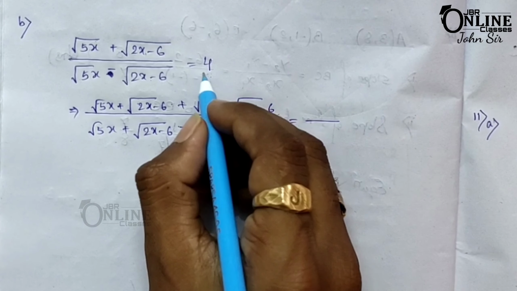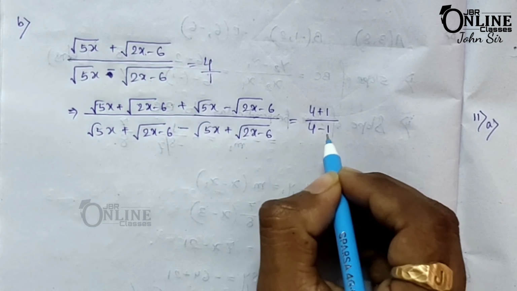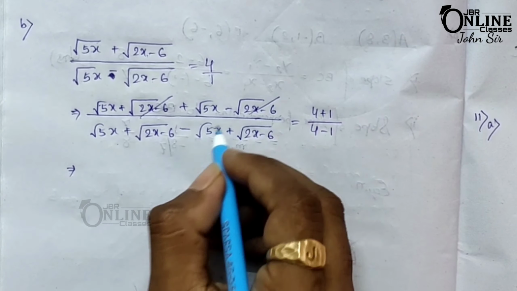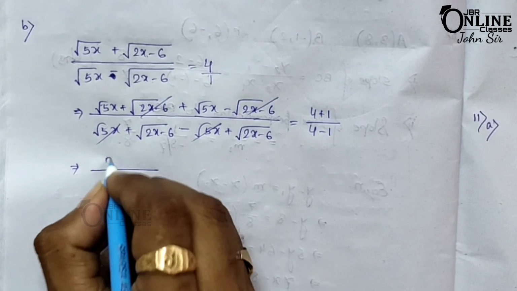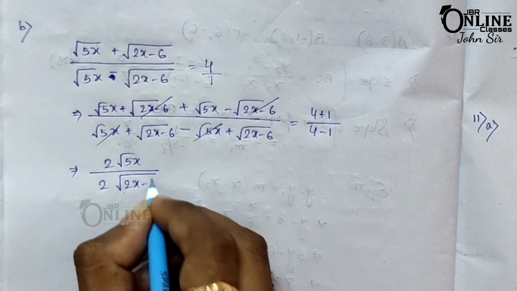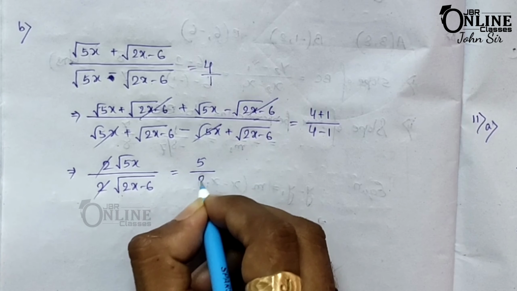Here also the denominator is 1, so numerator plus denominator, then numerator minus denominator, and that will cancel out. So here 2 root 5x, here also 2, so the 2s cancel out, 5 by 3.